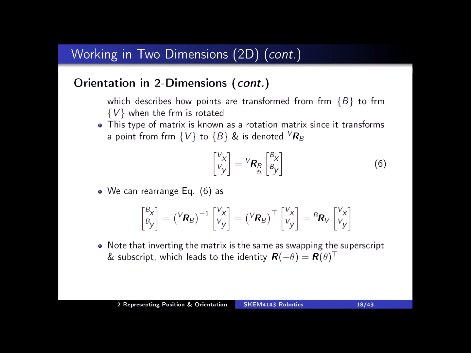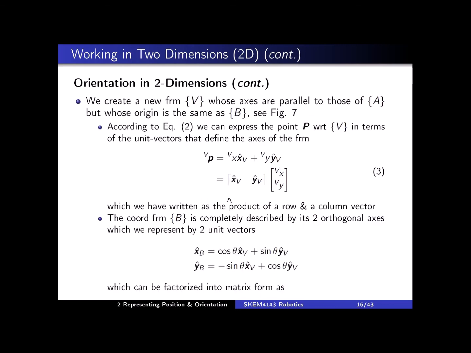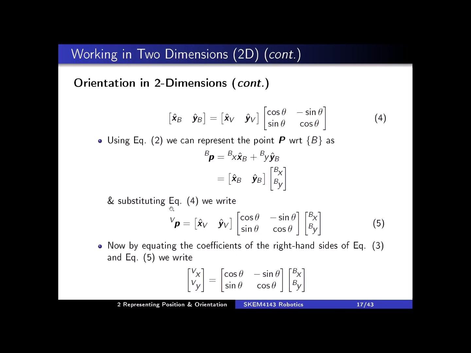This means that we are representing the rotation of a coordinate frame B with respect to coordinate frame V. And if we want to transform a point from one coordinate frame to another, in this case we can transform PB to PV.